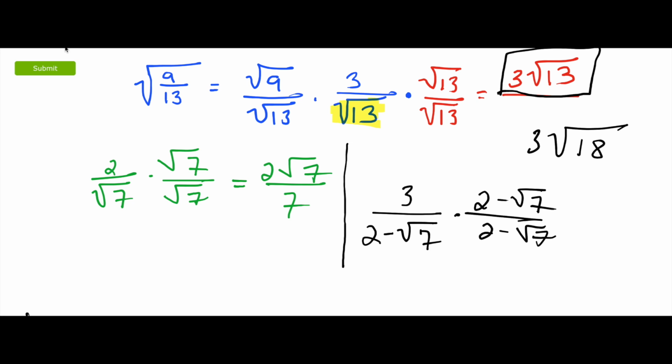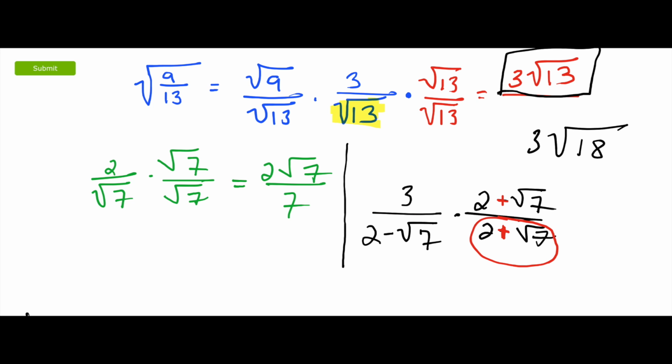Instead, what you want to do is almost like the rookie move, except you want the opposite sign in the middle. And this is called the conjugate. So 2 plus root 7 is the conjugate of 2 minus root 7.